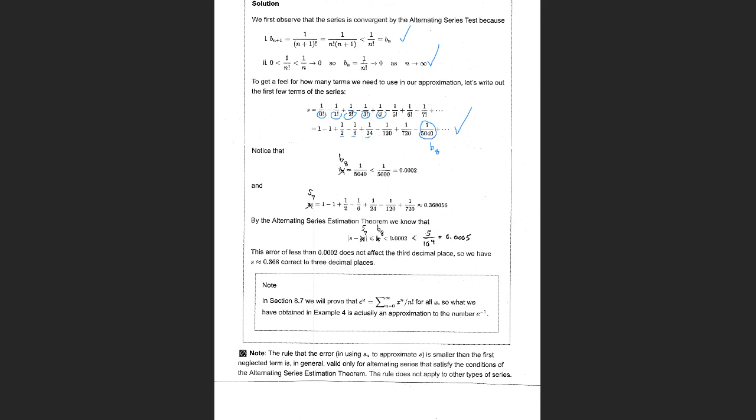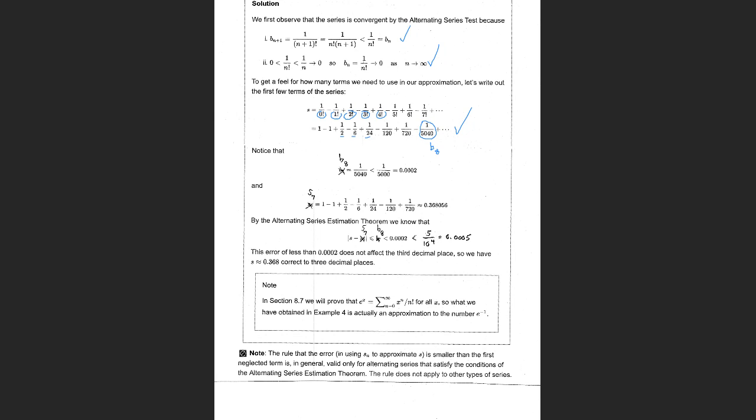The reason they do that is because the series starts at n equals 0, instead of n equals 1. But I think the book is actually wrong. This 1 over 5,040 is the 8th term of the series, so it should be called b sub 8, not b sub 7, even though you could adapt it.